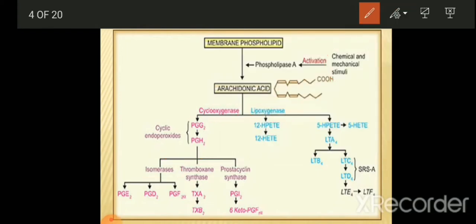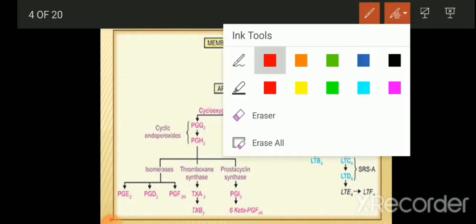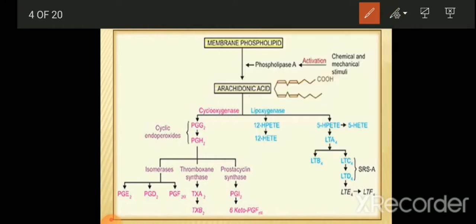So next we can move on to the lipoxygenase pathway. The lipoxygenase enzyme is responsible for the production of leukotrienes. So here you can see LTA4 is being synthesized by lipoxygenase enzyme. From there you can have this LTB4, LTC4, and from there LTD4, LTE4. That's all.